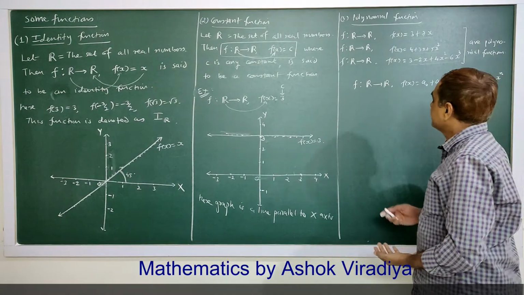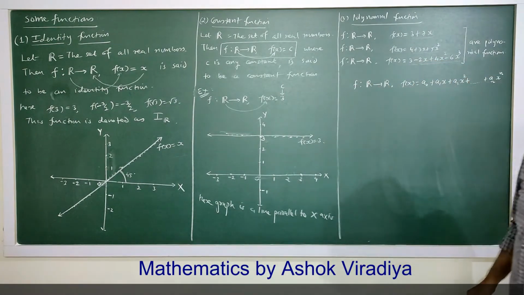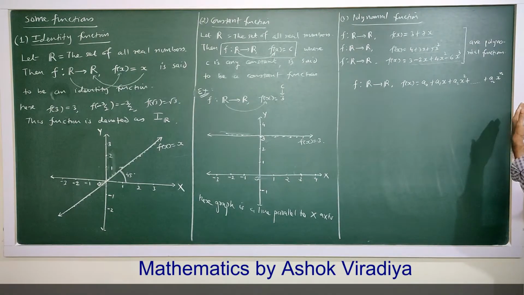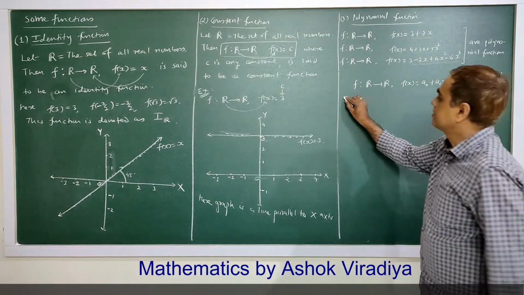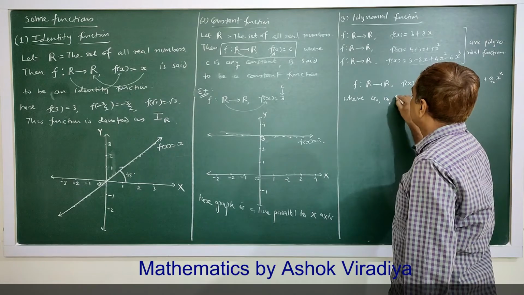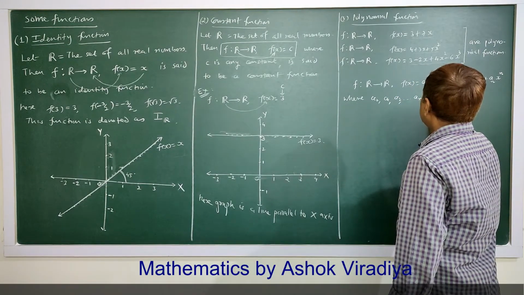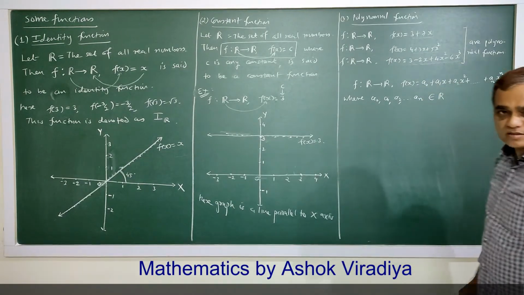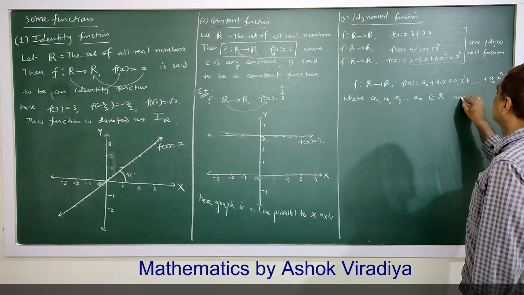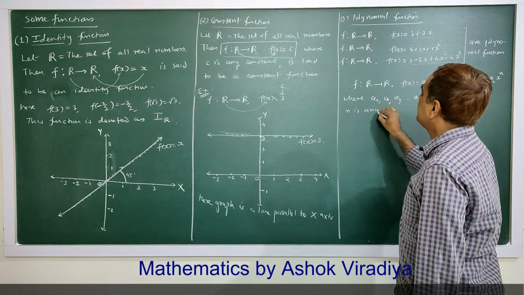So say f from R to R, f(x) is a0 plus a1x plus a2x² plus up to an x raised to n, where a0, a1, a2 up to an are any constants, and n is any non-negative integer.